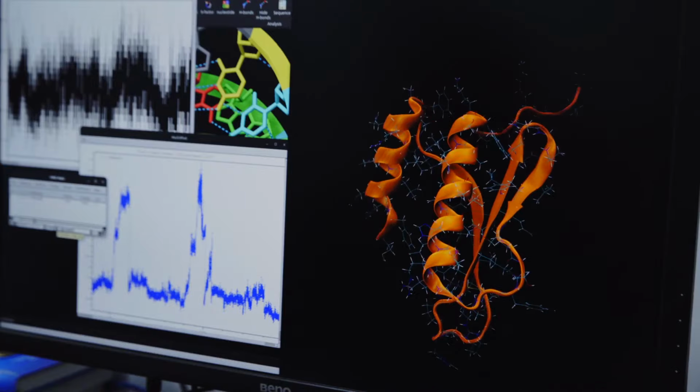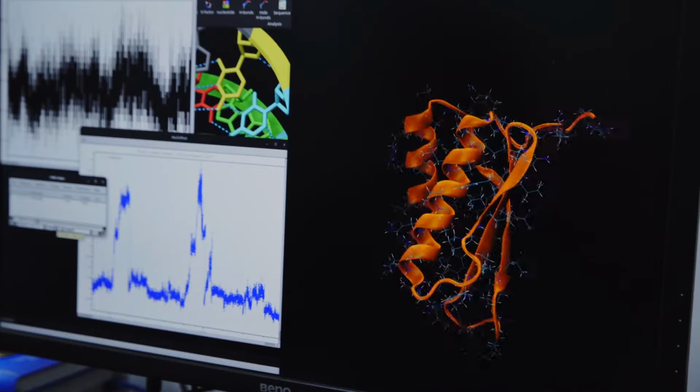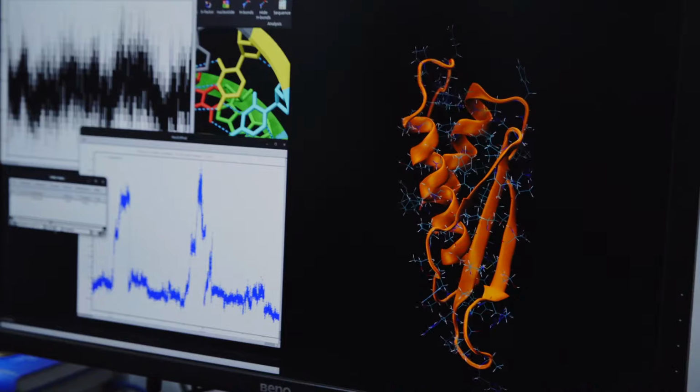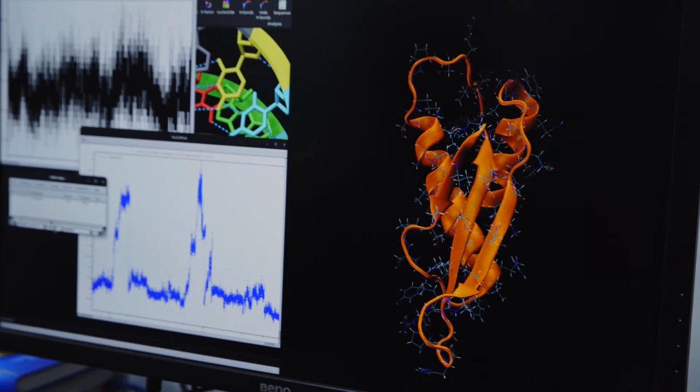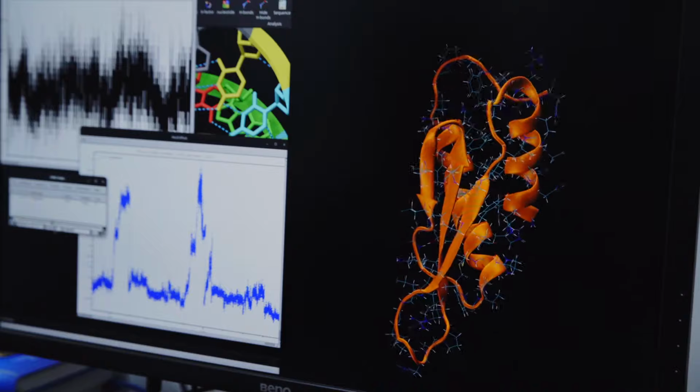And in our lab, we employ all of these methods together to understand the structure and dynamics of macromolecules.